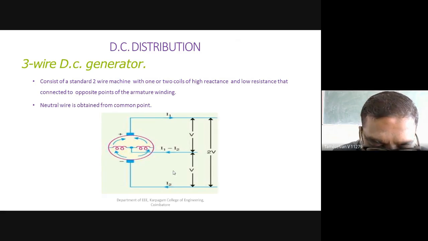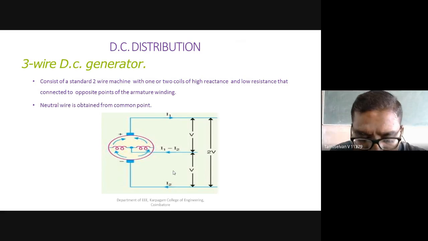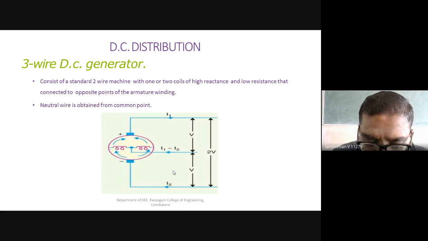That will be connected permanently to the diameter of the armature, opposite points of your armature. So this neutral wire is going to be obtained from this common point. That is going to be called the three-wire system.